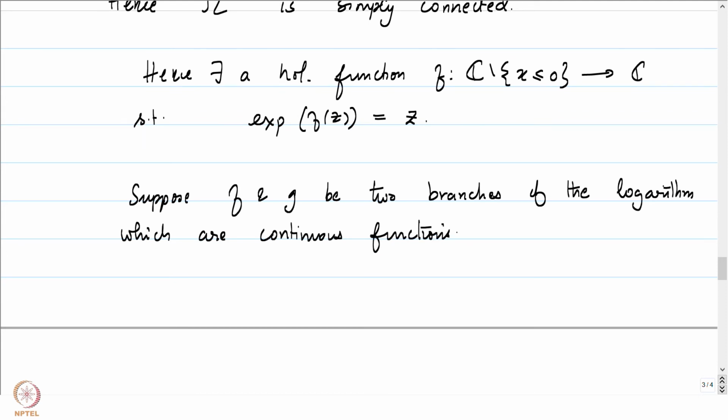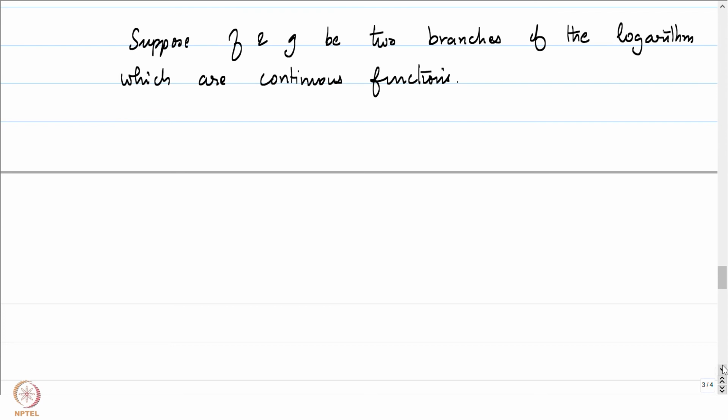The question that can be asked is, can we get hold of some relationship between f and g?